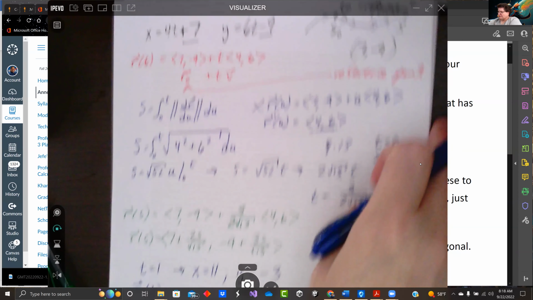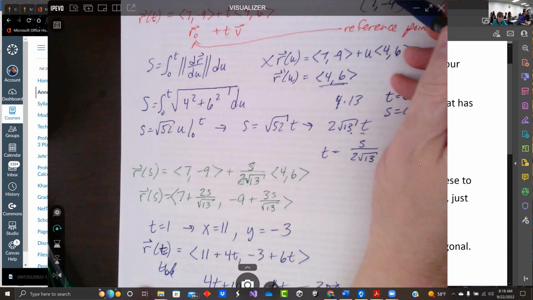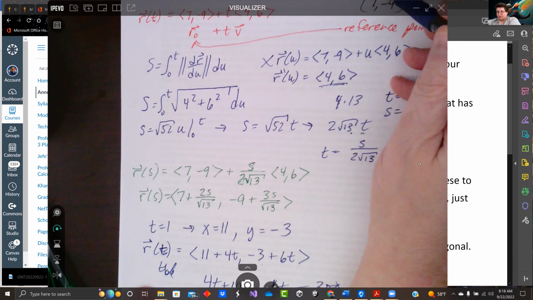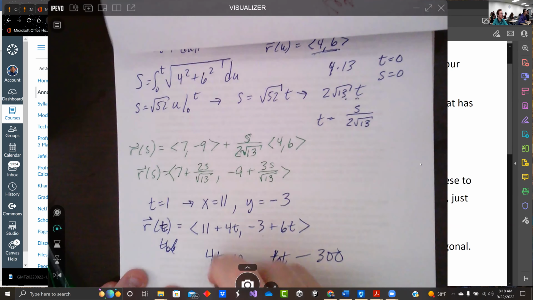Yeah. If you try to say 4t plus 10 and 6t minus 300, it's not going to be on the same line. It has to be on the curve. Right. And so you couldn't put that and then say reference point 7, negative 9. That wouldn't make any sense, right?